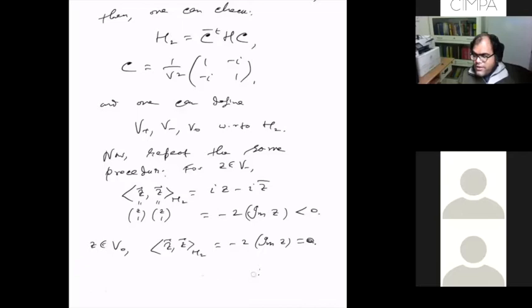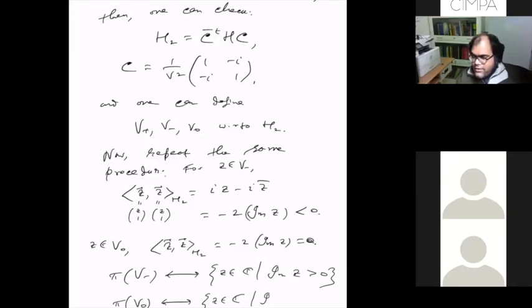So the punchline is the following: π of V minus you can identify with z in C such that imaginary z is greater than 0, and π of V naught is z in C such that imaginary z equals 0.